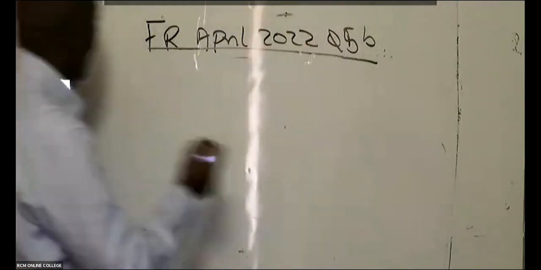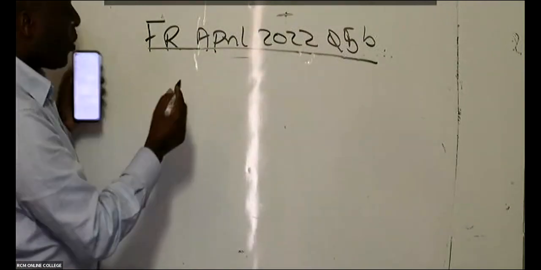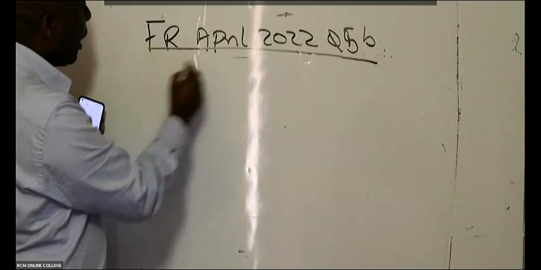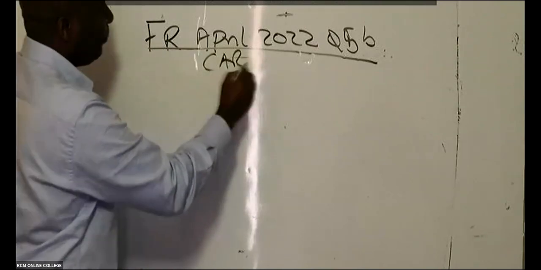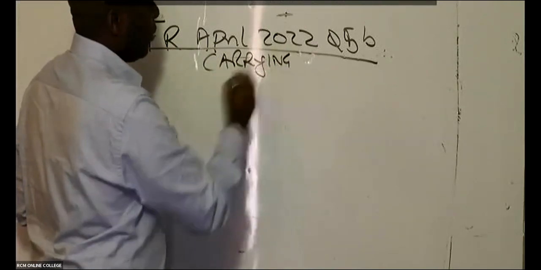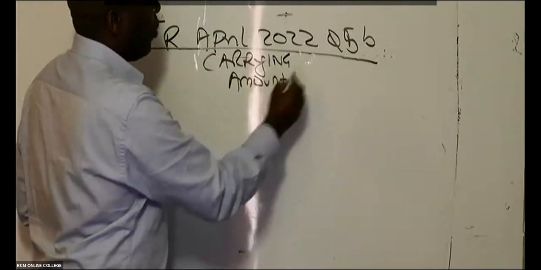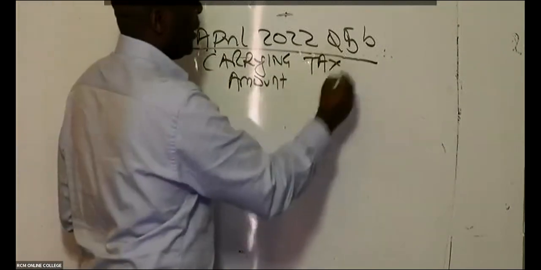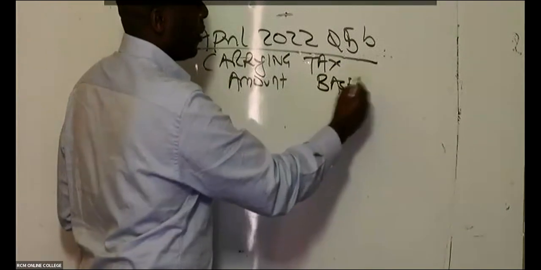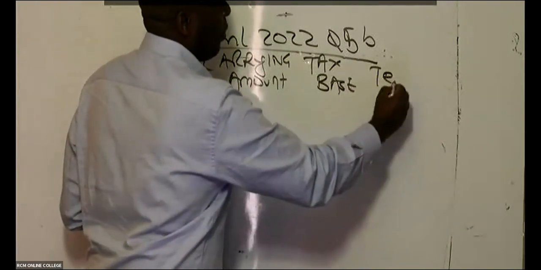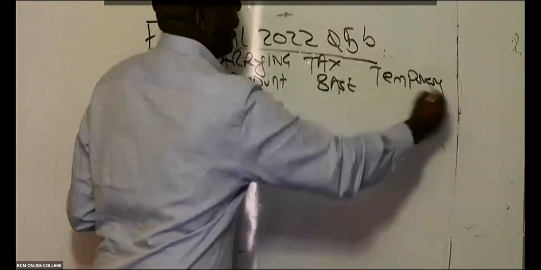For temporary differences, I will have the carrying amount, the taxation base, and then a column for temporary difference.